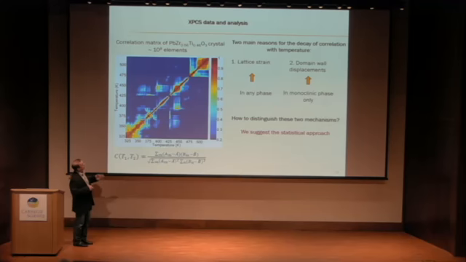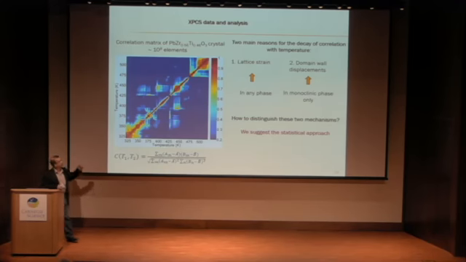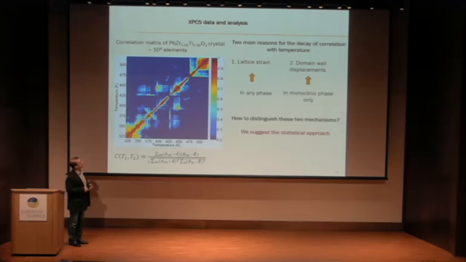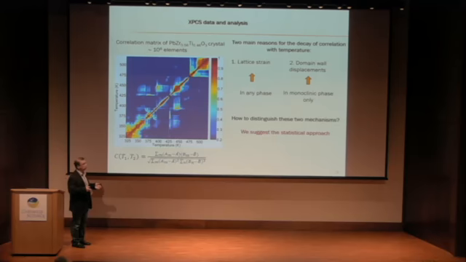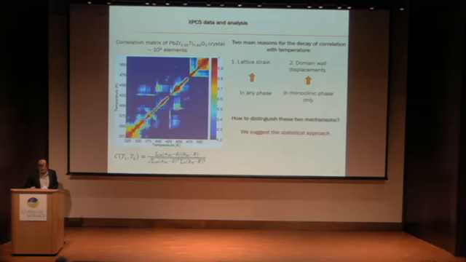Once again, the main reasons for the change of correlation function, the correlation decay: first of all, this is the lattice strain related to spontaneous strain or crystal expansion upon temperature. And the second source is the domain wall displacement, domain wall motion, which is expected only in the monoclinic phase, but not in the trigonal phase.